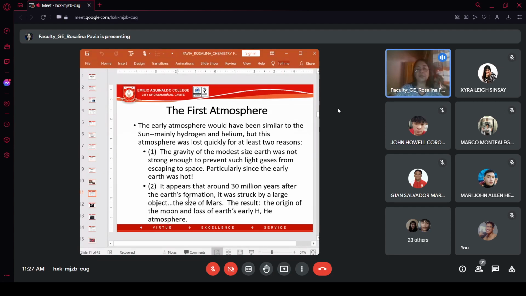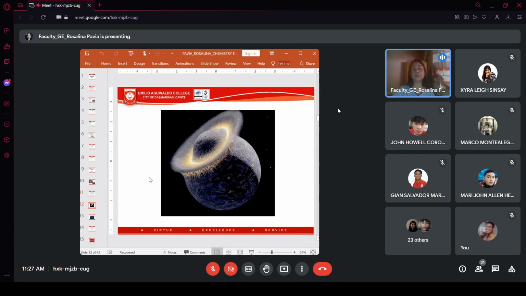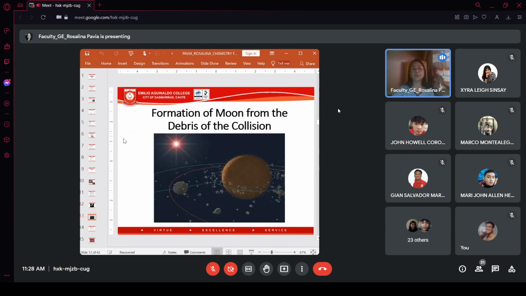Because of this, when it was hit by a large object, nagkaroon ng debris which tend the Earth, brought about the formation of moons, of course. So this is just an illustration of how that particular large object hit the Earth during that time. Now, this is now the formation of moon from the debris of the collision.